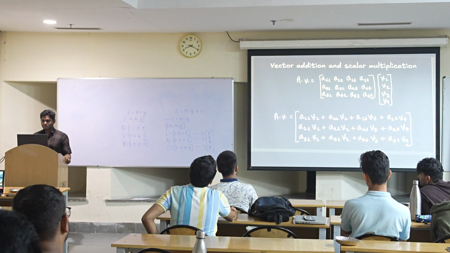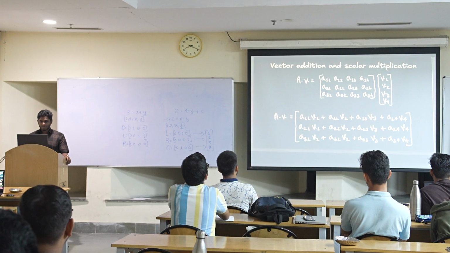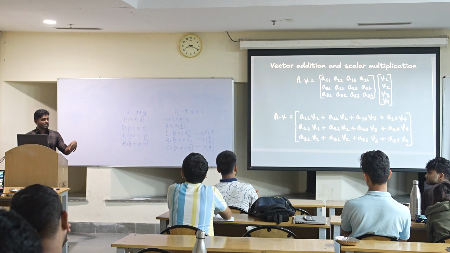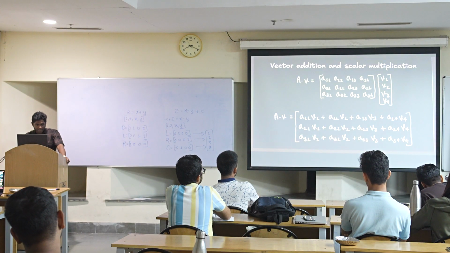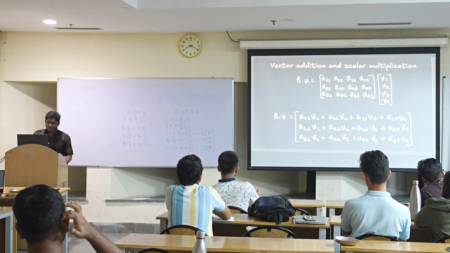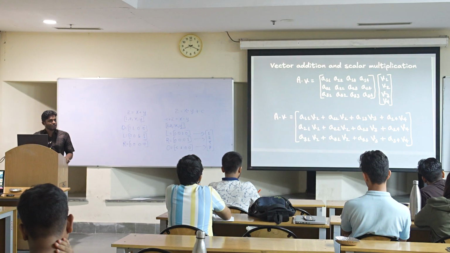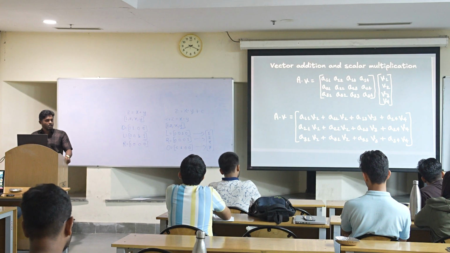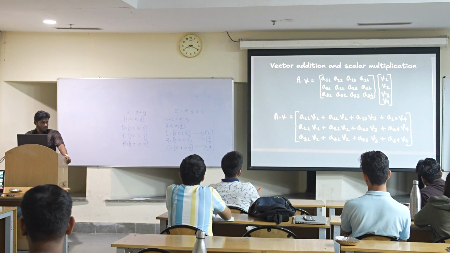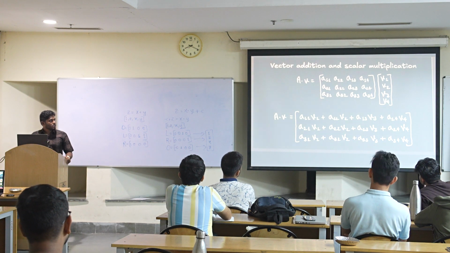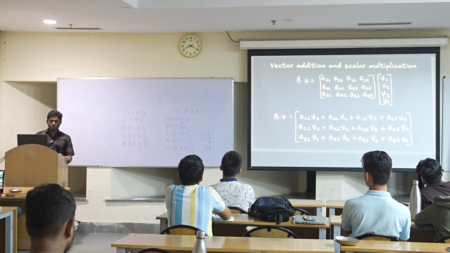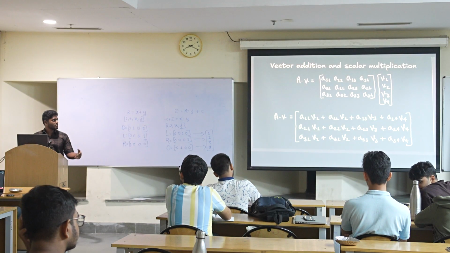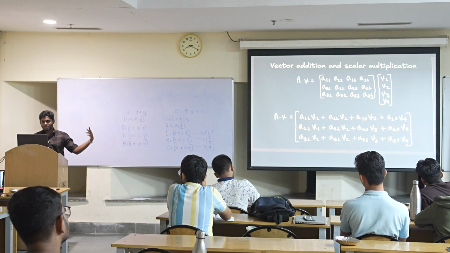We need to take a look at representing a dot v in a different format so that we can easily construct a polynomial using them. This is our matrix a11, a12.